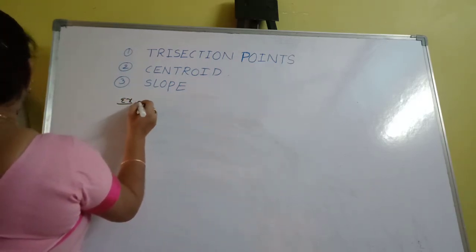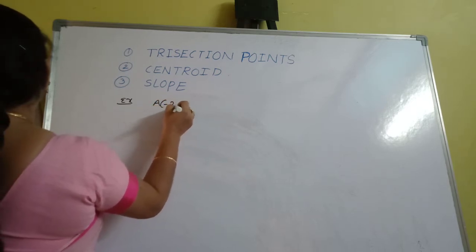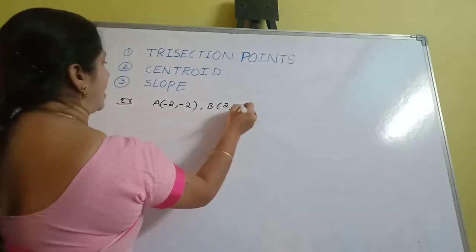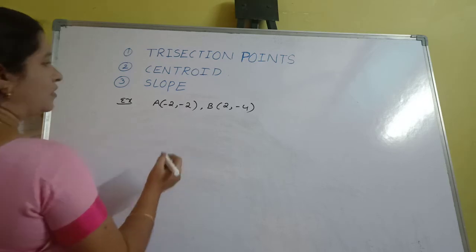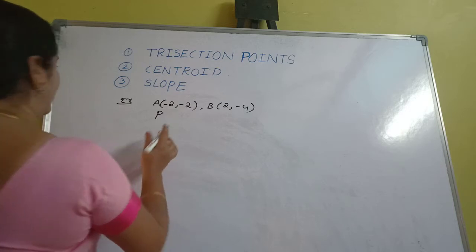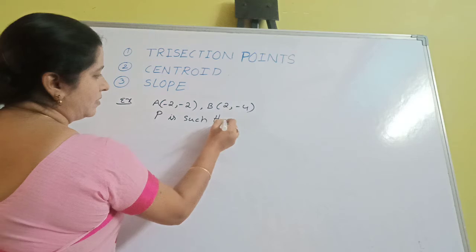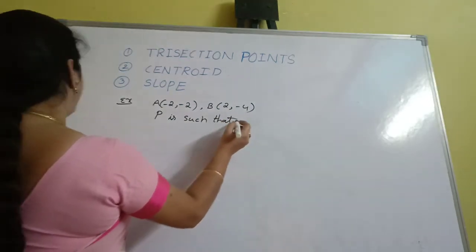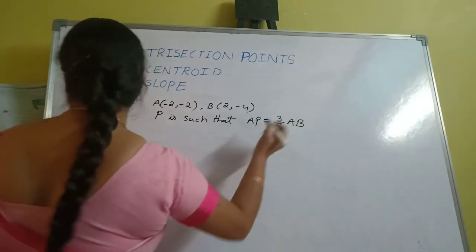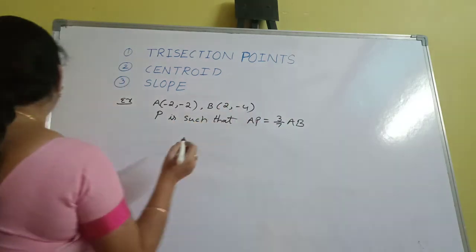Example. If A is given as (-2, -2) and B is given as (2, -4), find the coordinates of P such that AP equals 3 by 7 AB.